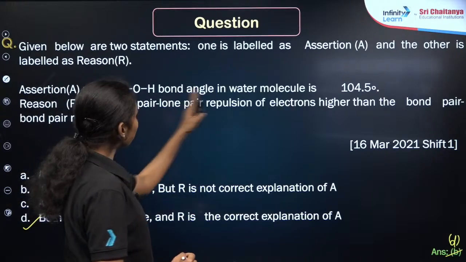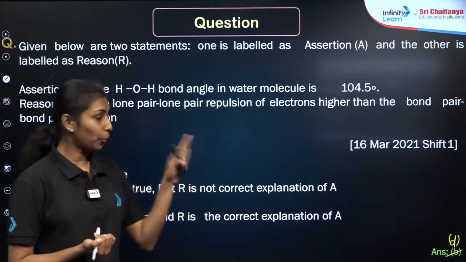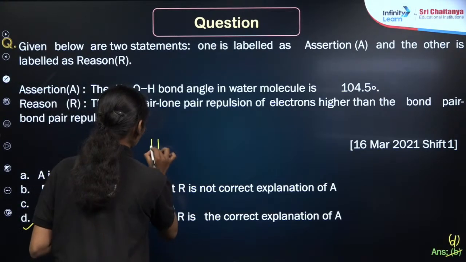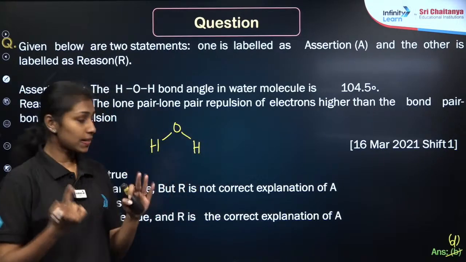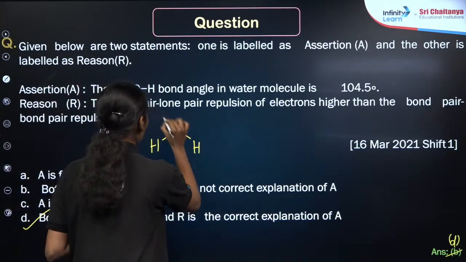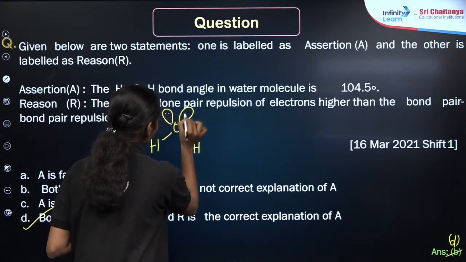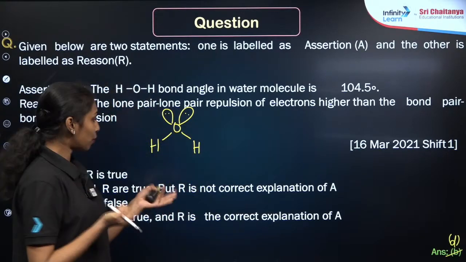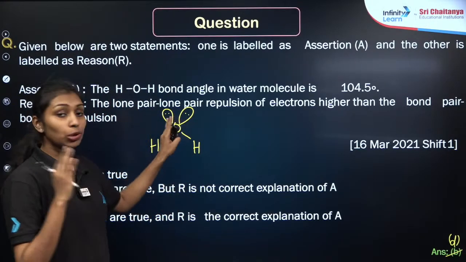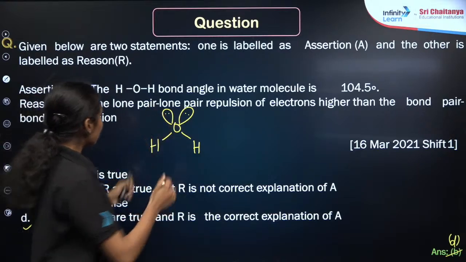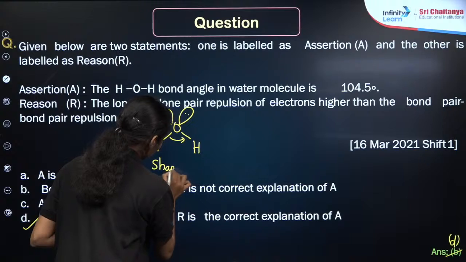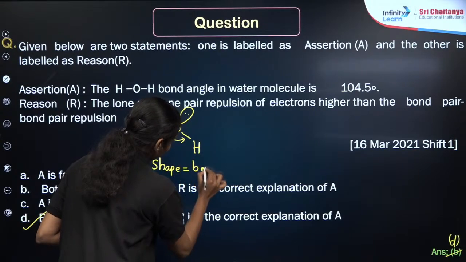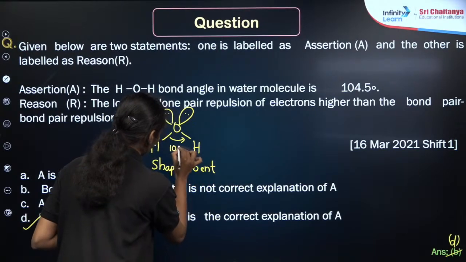Okay, the HOH bond angle in water molecule is 104.5, right? This will be our water molecule. Actually, according to the sp3 hybridization, we will expect the geometry of the molecule as tetrahedral, right? Tetrahedral of bond angle 109 degree 28 minute. But due to the presence of these two lone pair electrons, it will experience a bend shape having bond angle of 104.5 degree.